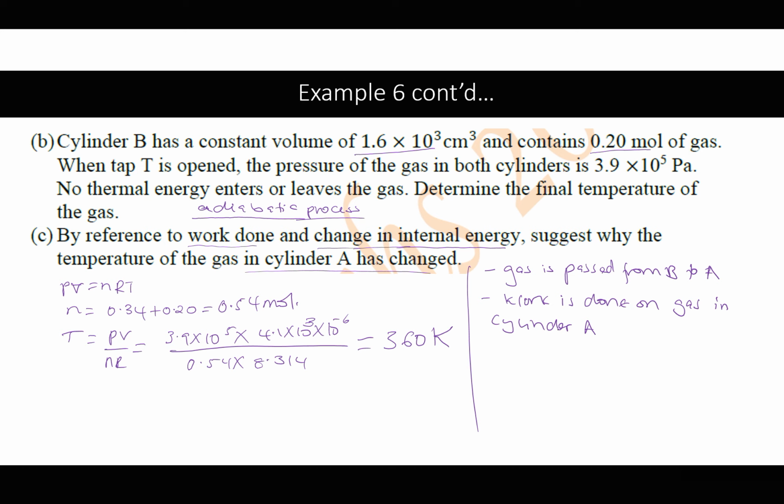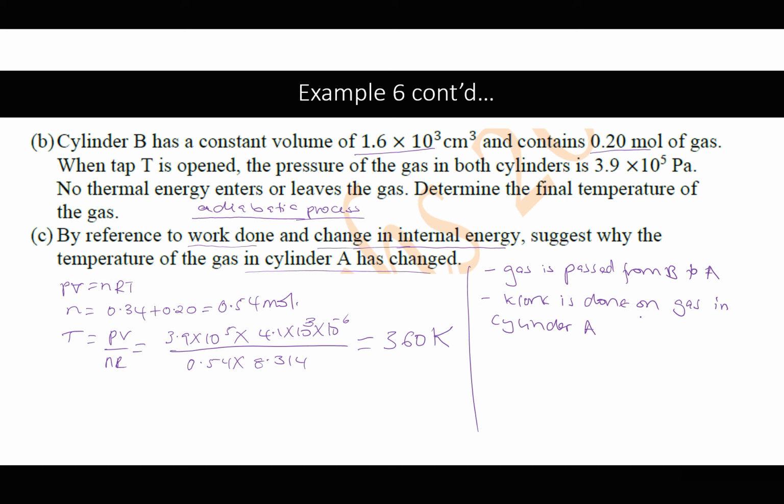But remember there is no heating. No heat enters or leaves the system, yet work is done on cylinder A. It's like compressing a piston. You are doing work on the gas which is trapped by the piston. If work is done on the gas, the volume decreases. The volume of the gas which was in cylinder A is supposed to decrease because work is being done on that gas.